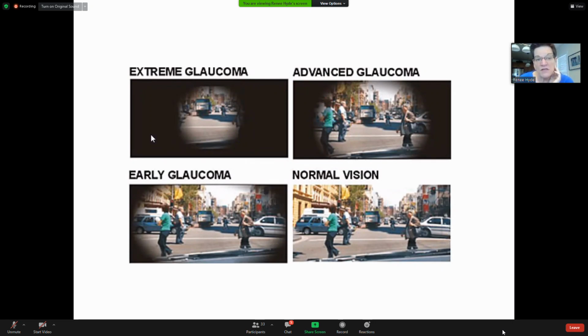Typically with your patients with extreme glaucoma, they're not able to drive because of the limitation of the field cut. But these patients with earlier stages of glaucoma may be able to drive, but it can be dangerous for them because they often don't have the peripheral vision that they need in order to merge into traffic.